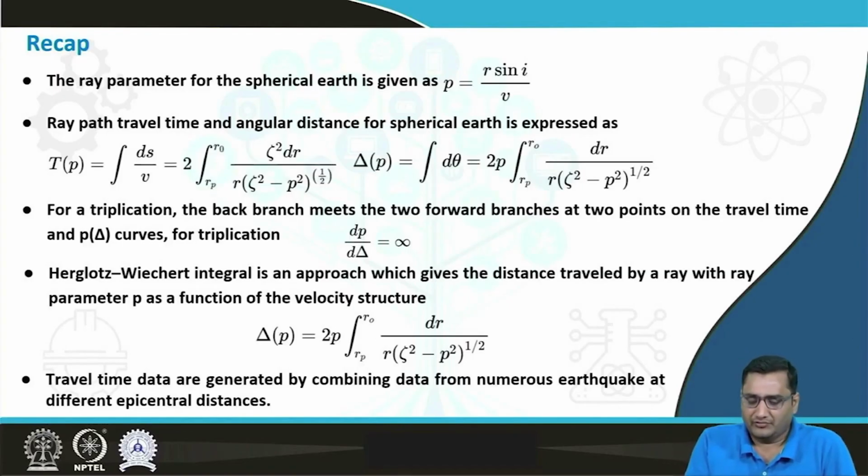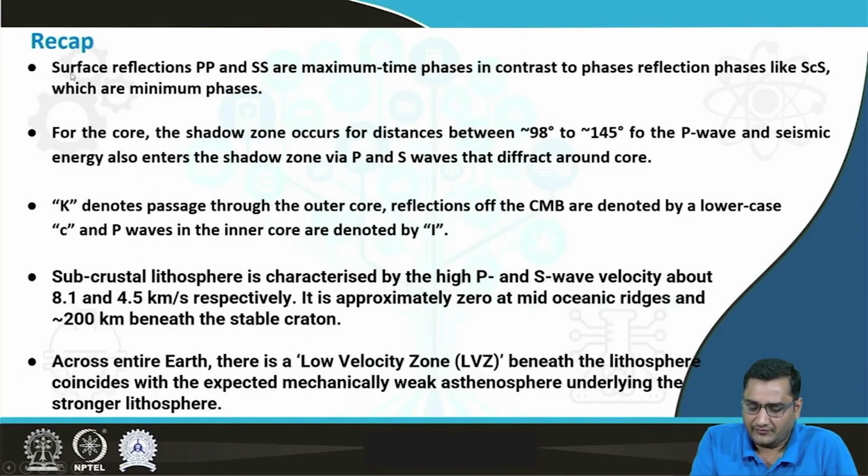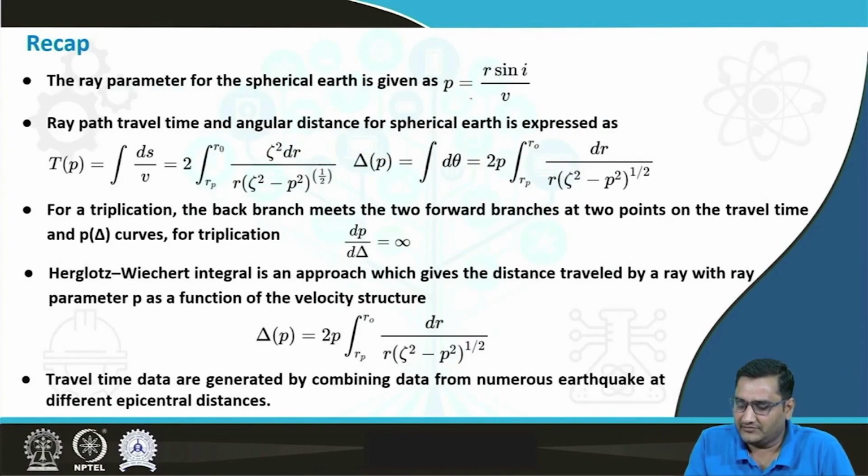In the previous module, we learnt that the ray parameter for the spherical earth can be given as p = r sin i / v, and the ray path, travel time and angular distance for the spherical earth can be expressed as travel time as a function of ray parameter, that can be written as the integral of the elementary distance divided by the velocity, that is equal to twice the one-way travel time, the integral from the bottoming depth to the depth of the hypocenter, eta squared dr divided by r times the square root of zeta squared minus p squared, where zeta is equal to r by v.